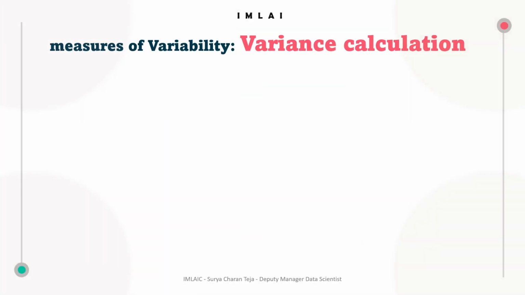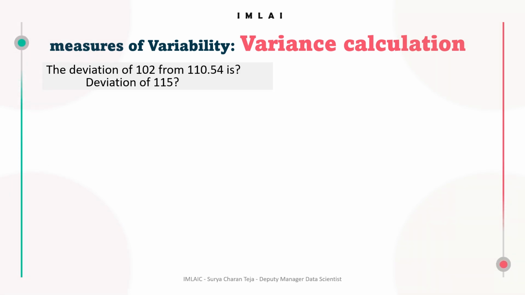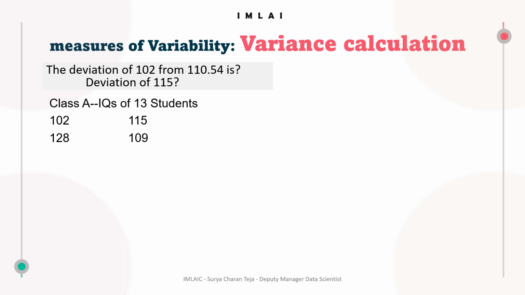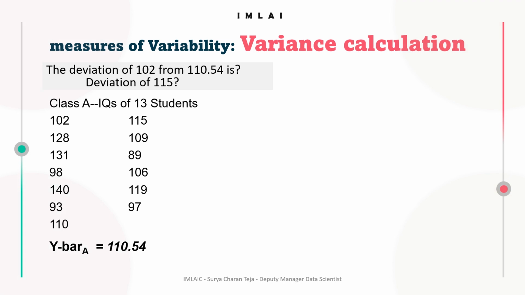Now let's move on to one example that we'll take from the IQ scores of class A, 13 students. First, the deviation of 102. These are the IQ scores of 13 students: 102, 128, 131, 98, 140. Out of that, the y bar of class A, that is the mean of class A, is 110.54.